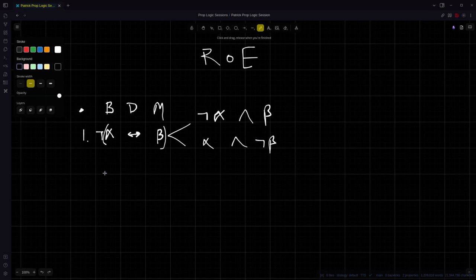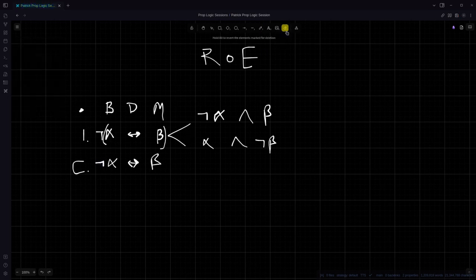So you can express this a bit differently. What you can basically do is replace this with alpha double implies beta, but the alpha is false. So that's one way of doing it.